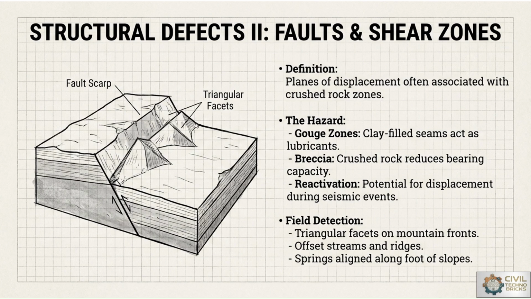Faults and shear zones are weak geological regions that reduce foundation stability, where active or major faults near dam sites can create serious seismic and structural hazards. These seismic hazards may result in the overturning of the dam or leakages from the dam.